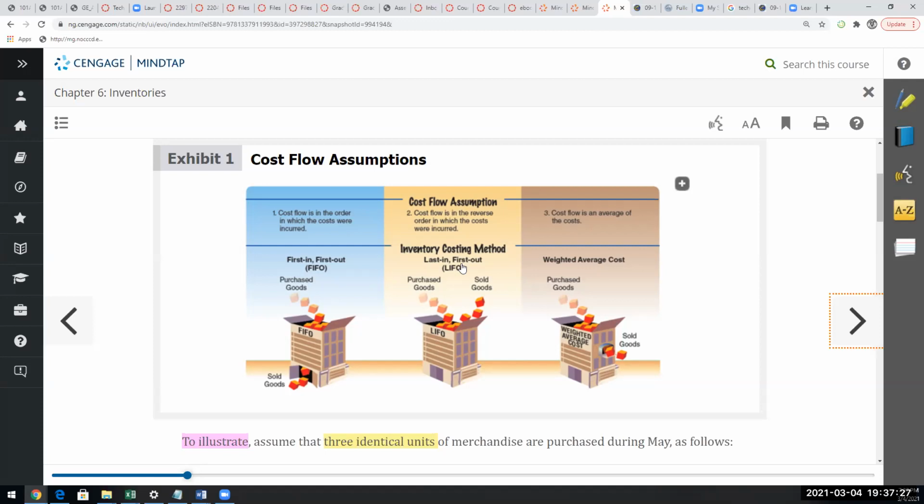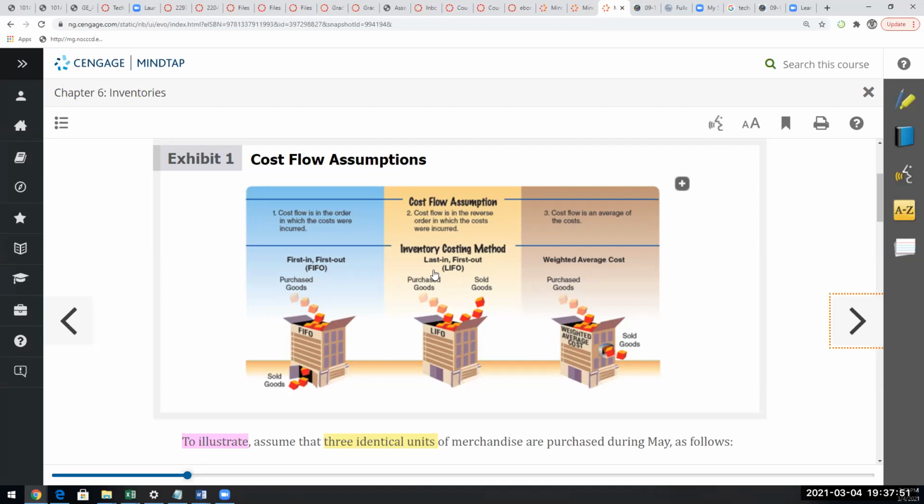But they can assume that it's first in, first out if they wanted to, or they can assume that it's last in, last out. So the actual flow is going to be LIFO in that example because they're not going to spend the time and energy to dig to the middle of a bunch of rock to find out the older rock that's the same, that doesn't go bad even if it's underneath a bunch of rock. So that's what we're talking about as far as the FIFO and LIFO.